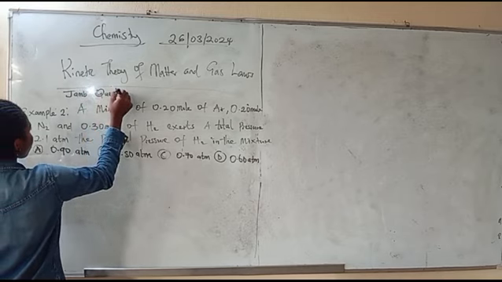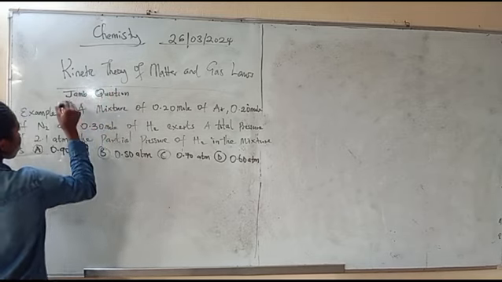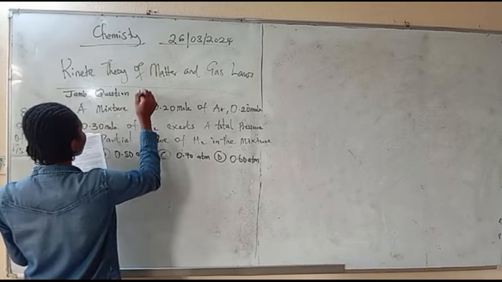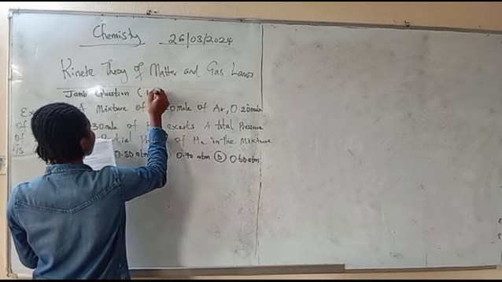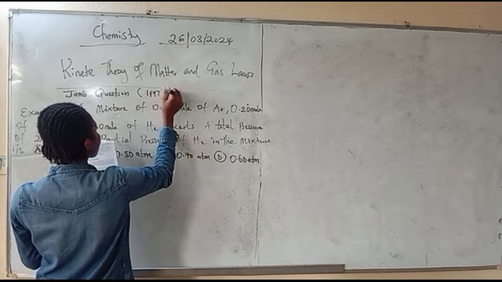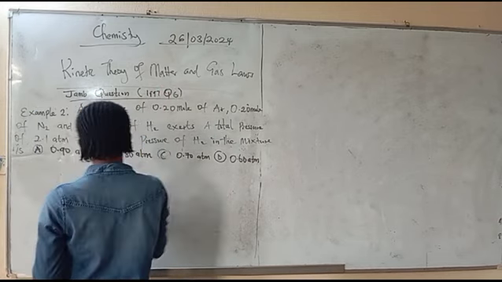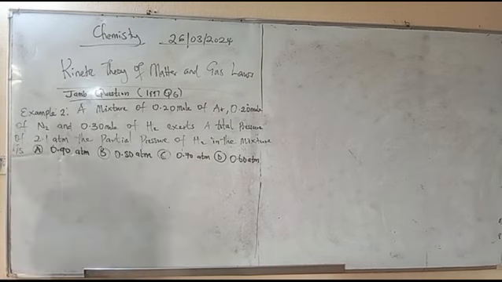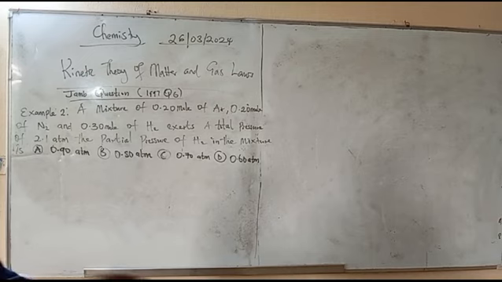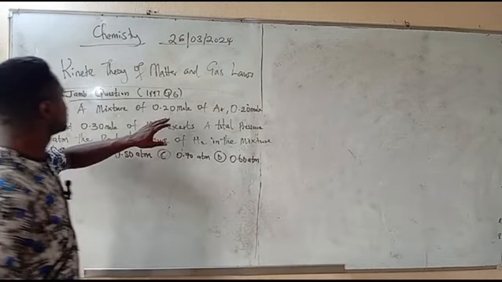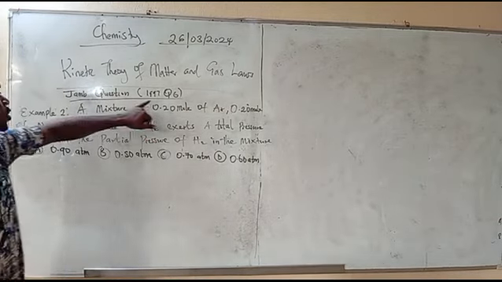Solution. Therefore, this is direct. Unlike the previous question where the amount was given in gram, where you start converting from gram to mole using the relationship between the relative mass, molar mass, and what?